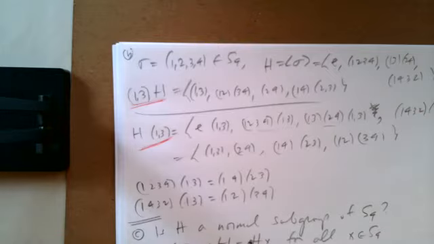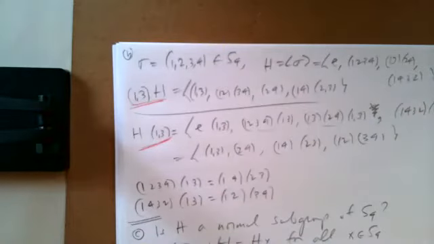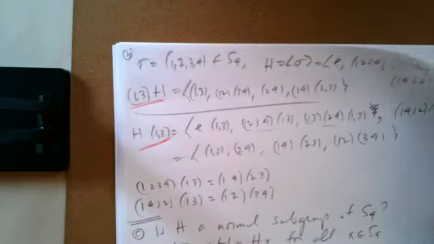I mean, this has to be true for all X. If we're lucky, it's not true for all X, and we'll find a counterexample to this, and then we'll be done.